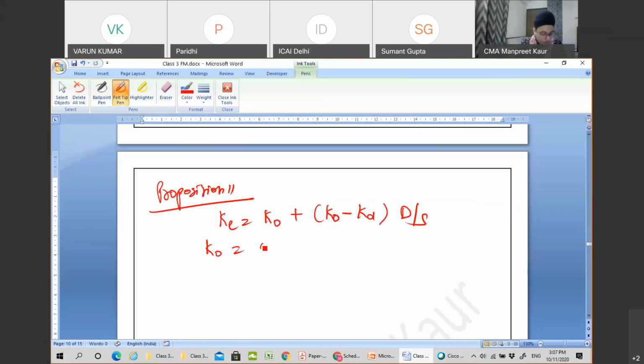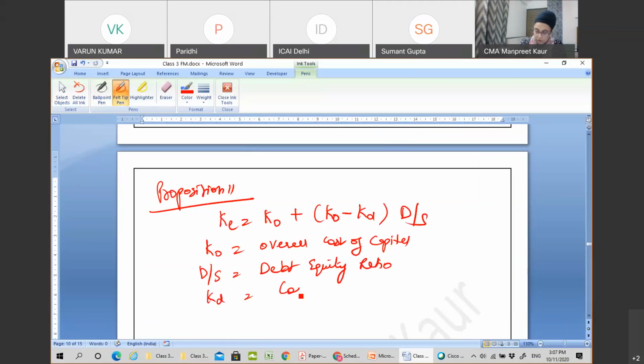KO is overall cost of capital, D/S is debt equity ratio, and KD is cost of debt, and KE is cost of equity.